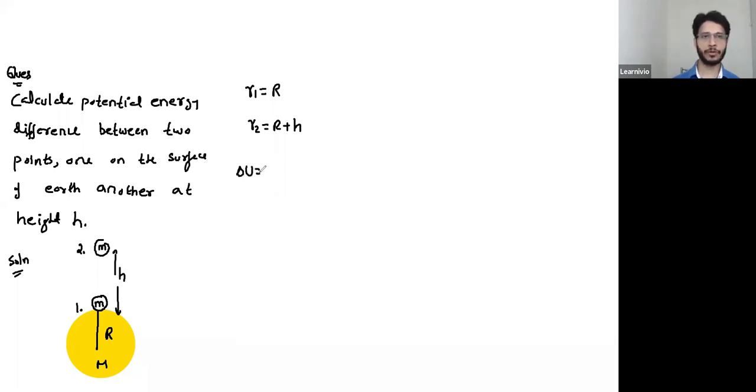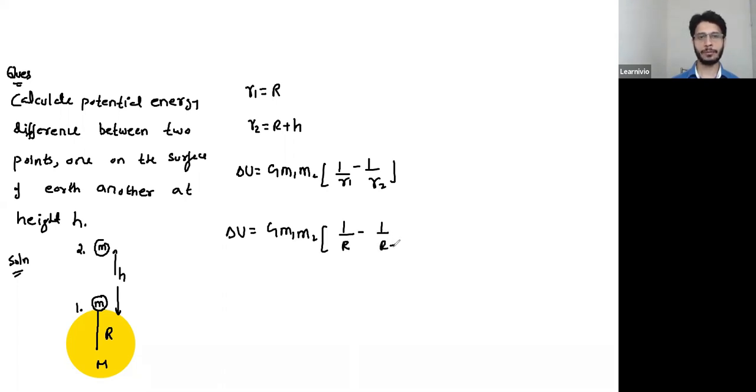So if I calculate the potential energy difference, the expression was G M1 M2 (1 by R1 minus 1 by R2). This was the expression. Just substitute the values. So it's G M1 M2, R1 is R, minus 1 by R plus h.